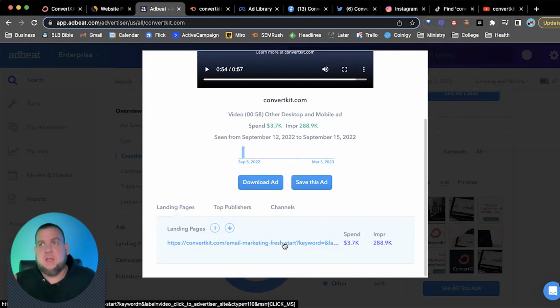Maybe they go to your homepage, but then you've got retargeting all over the web, not just on Facebook. They came, they saw a blog post, they got some value, and the next thing they know, everywhere they go, they're seeing these ads with other people talking favorably about your product. That little one-two punch is going to be really strong. That's something that I think is happening here with this video ad.